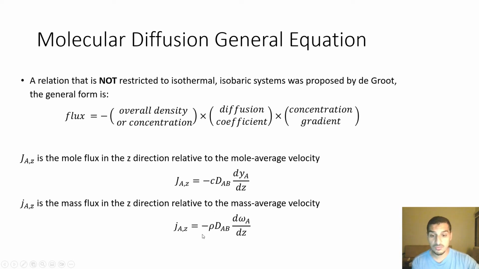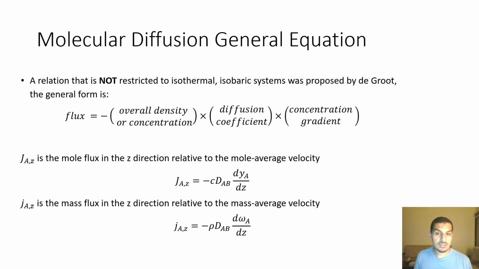And the same here for the mass units, it's the lowercase j, and I multiply the diffusion coefficient by the density of the mixture, which is again the overall or average density of the mixture, and then multiply it by the gradient of the mass fraction with respect to the z direction. So this is the general equation for molecular diffusion.